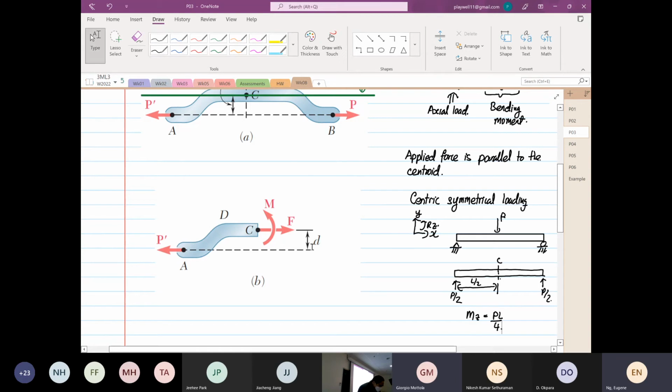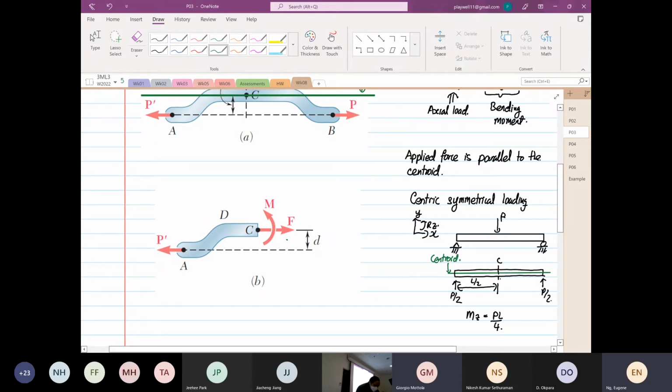I'm going to now draw the centroid out. Okay, so let's say it's rectangular. Our centroid is in this direction, right? So this is our centroid.